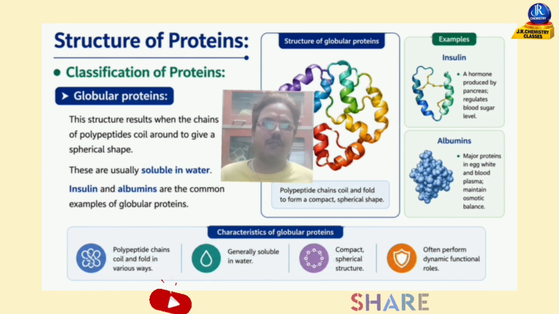Globular proteins. This structure results when the chains of polypeptides coil around to give a spherical shape. These are usually soluble in water. Insulin and albumin are the common examples of globular proteins.